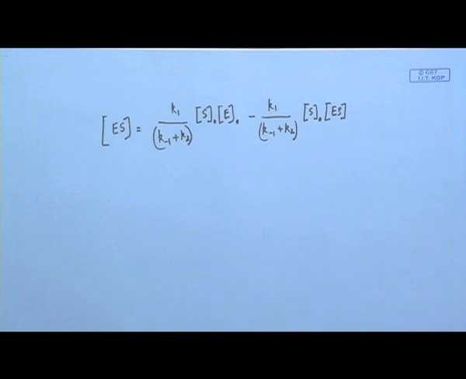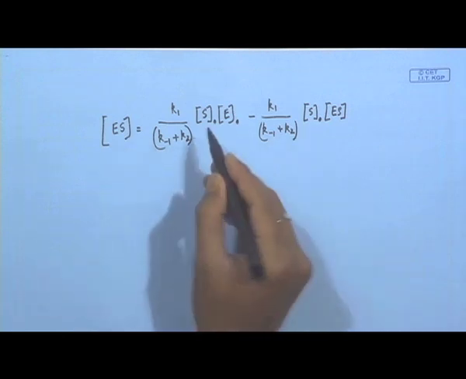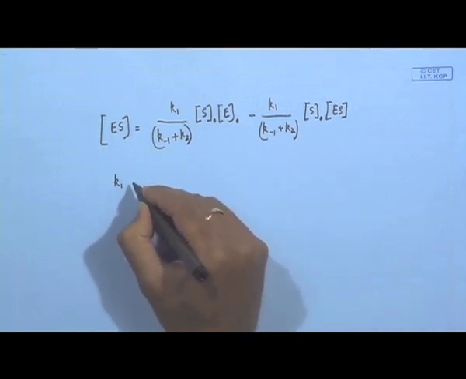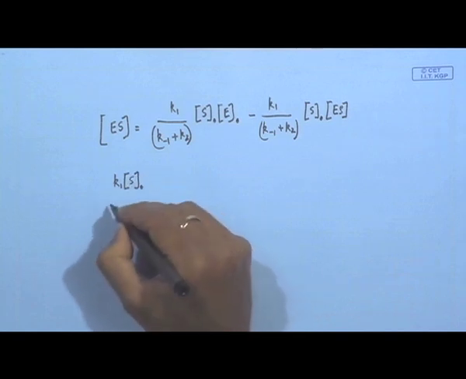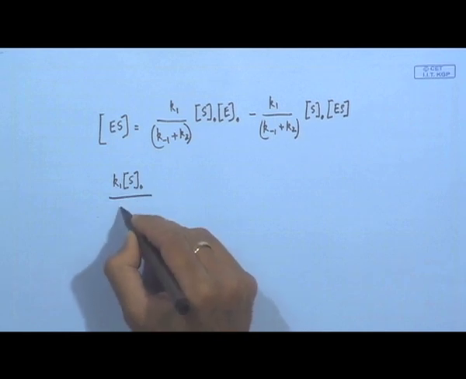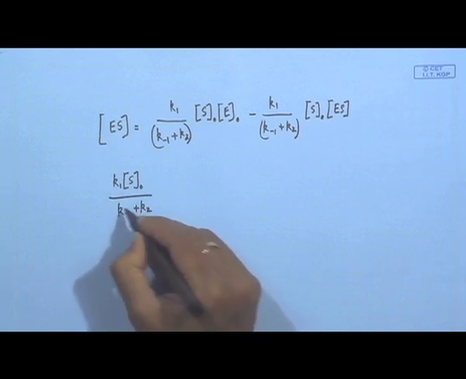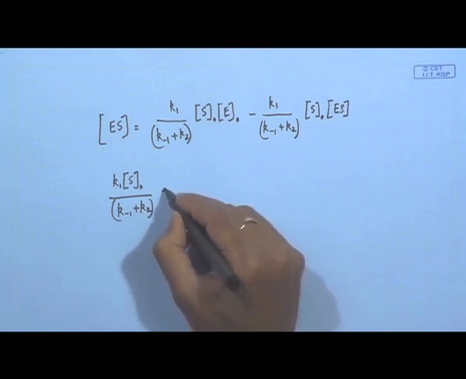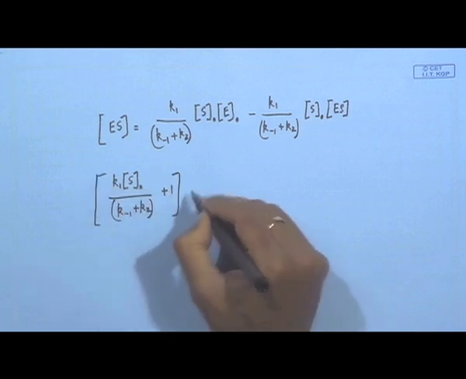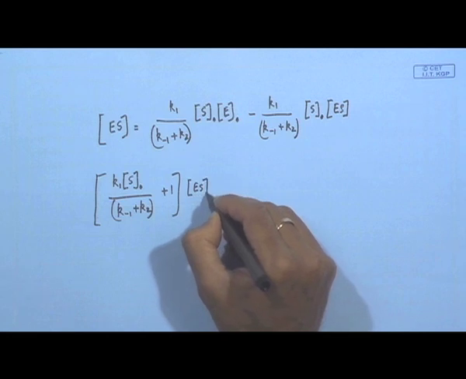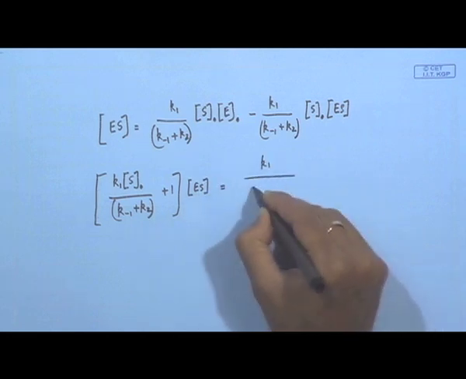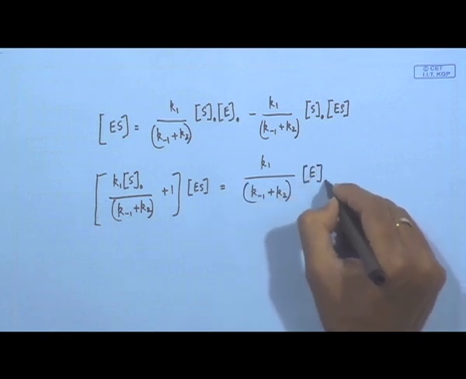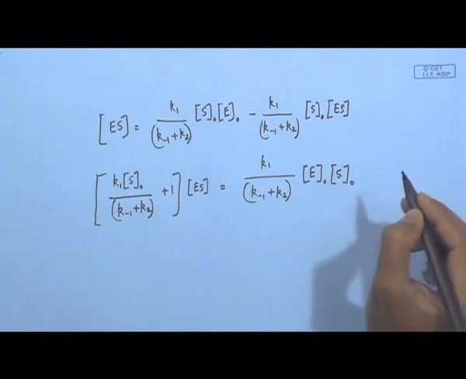So if you transpose this to this side, then this will be K1 S0 divided by K minus 1 plus K2, plus 1, times ES, equal to K1 by K minus 1 plus K2 times E0 S0.